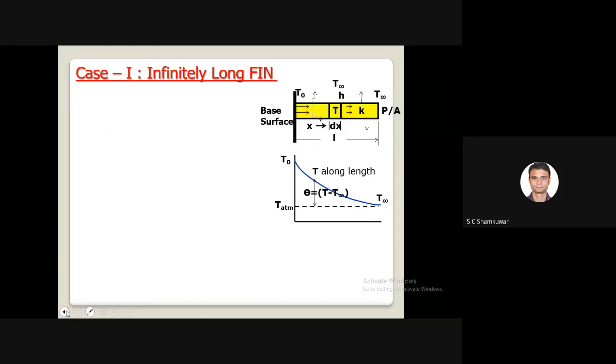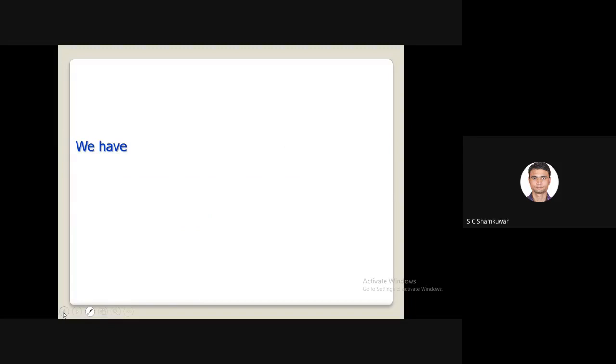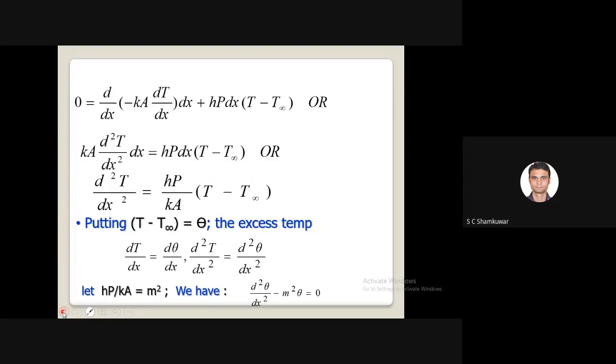When we replaced the equation, we saw hP by kA is equal to m square.